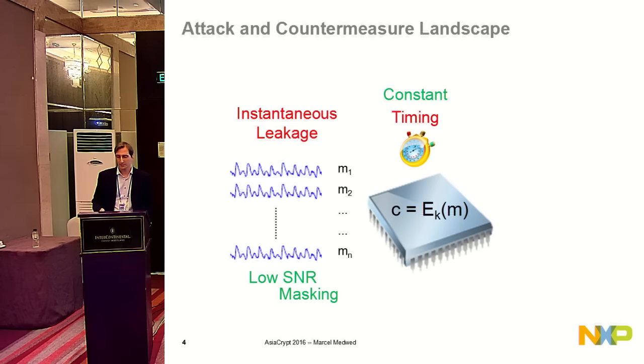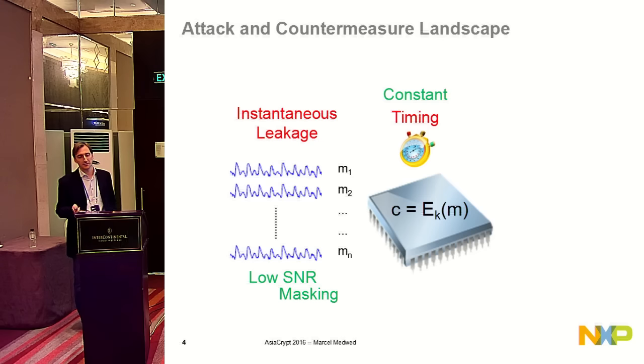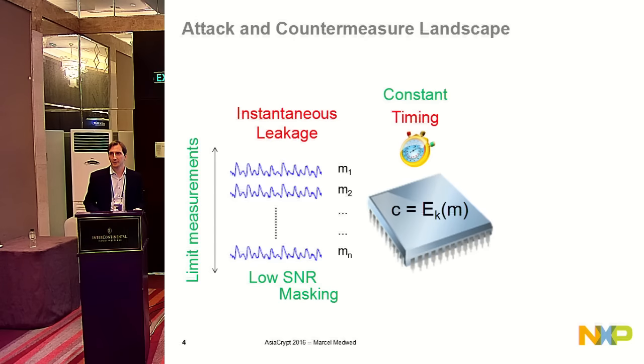The power consumption depends on the data processed in the device, and this depends on the key. We want to make the statistical moments in the leakage distribution independent of the key, at least the lower ones, by masking. Another thing we can do is to just limit the number of measurements an adversary can make, or in other words, limit the key usage.